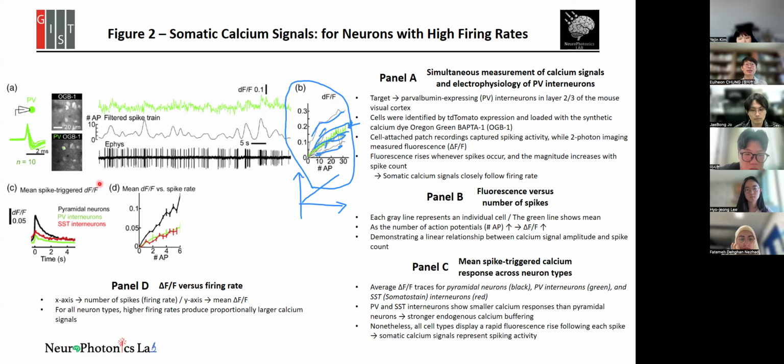So I guess this is a key reality we should be aware of. This is my interpretation from this very good raw data slide. Okay, I think we can move on.